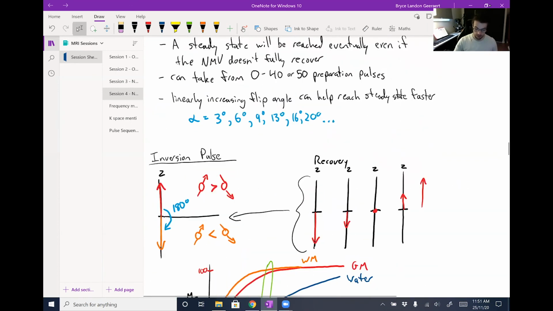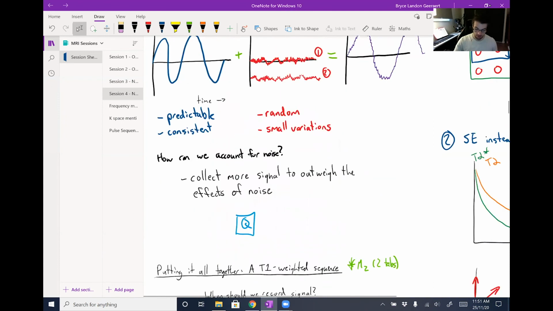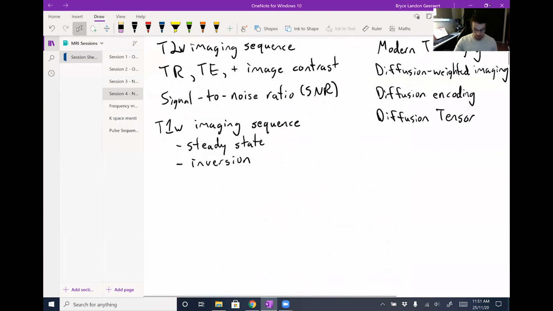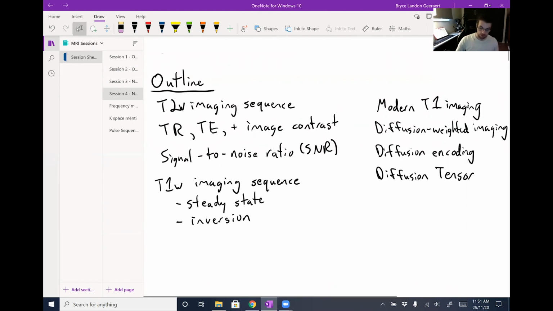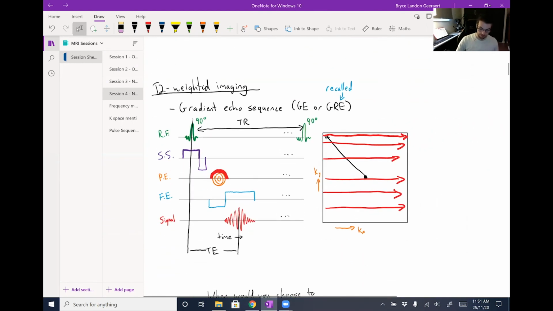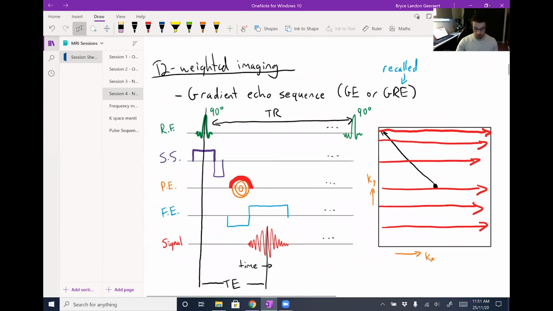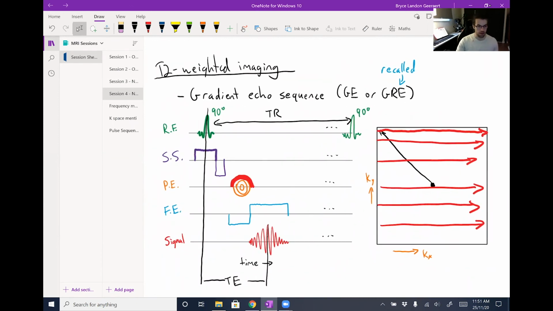I'll give a session recap here, just so we firm everything up. It feels like we didn't cover quite as much today, but we did it in quite a bit of detail. Hopefully that was interesting to you. So first, we talked about T2 weighted imaging pulse sequences.